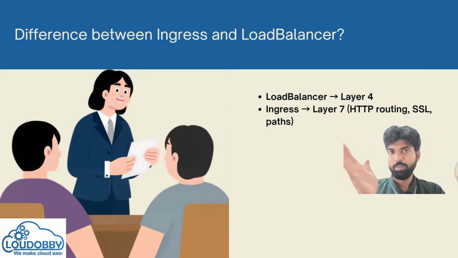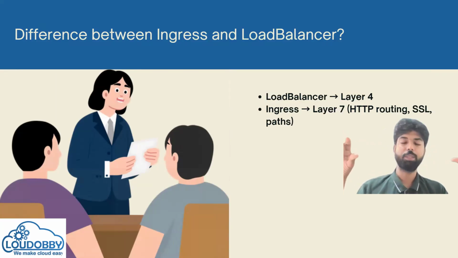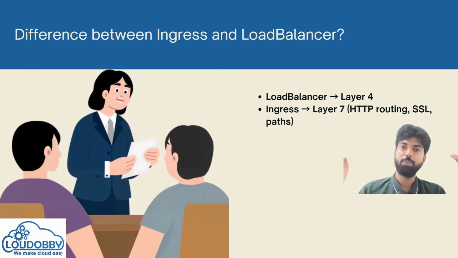So if they ask, a load balancer is layer 4 traffic, ingress is layer 7. A load balancer will support all HTTP, HTTPS, and TCP communications, but ingress only supports HTTP and HTTPS communication.